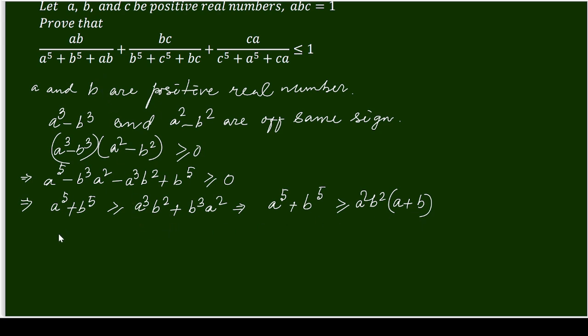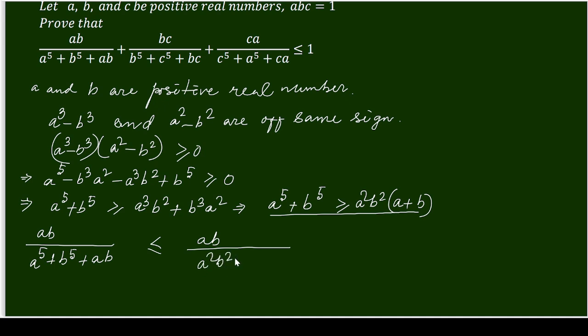So now I am coming to the first expression, that is AB over A power 5 plus B power 5 plus AB. When I put these inequalities in the denominator, it will be less than or equal to AB over A square B square into A plus B plus AB.